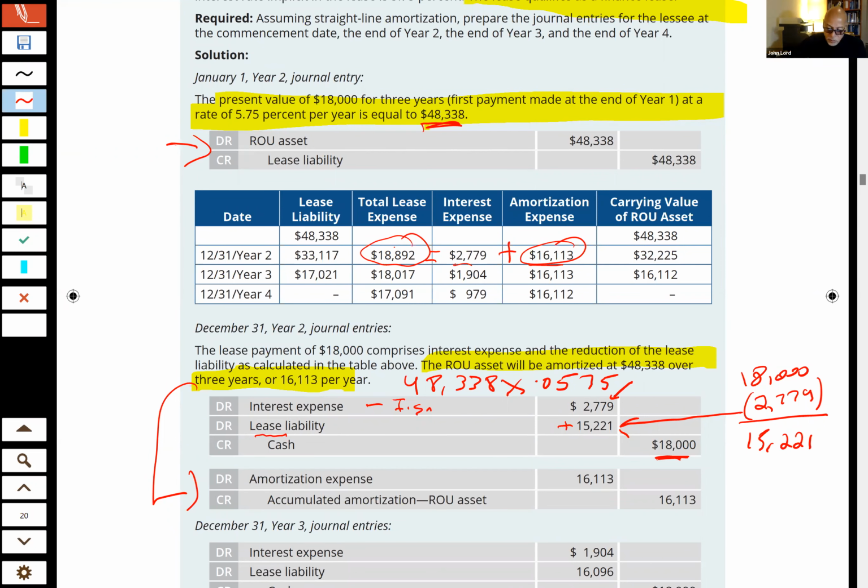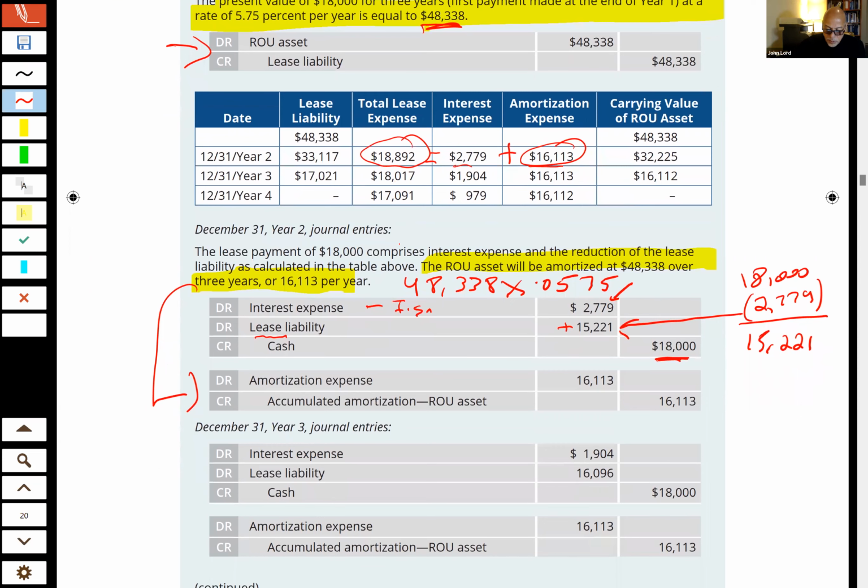Then you would continue on like that, amortizing the liability. Since you're amortizing straight line, the amount stays the same year over year. Here, less of the payments go towards interest as you pay down that lease liability. They could ask you the carrying value of the lease liability after these different years. They just want to see if you know what you're doing with this finance lease.